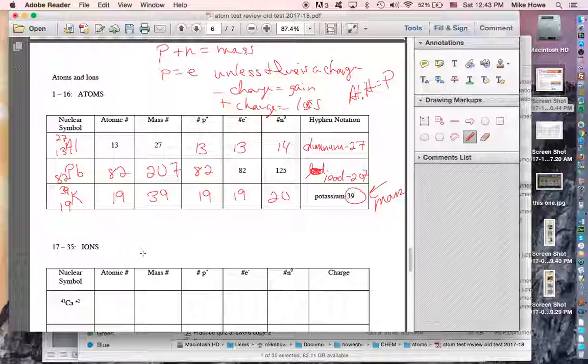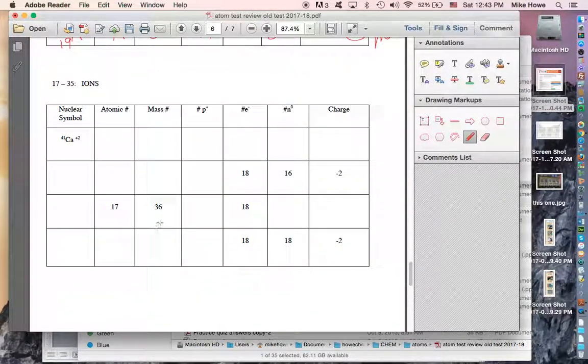Now at the bottom section, you've got these charges, so you got to deal with that. If it's calcium, the nuclear symbol would have a 20 down there. The atomic number would be 20. We know that by looking at the periodic table, calcium is number 20. The mass, it tells us, is 41. The protons equal the atomic number. The electrons are equal to the protons unless there's a charge.